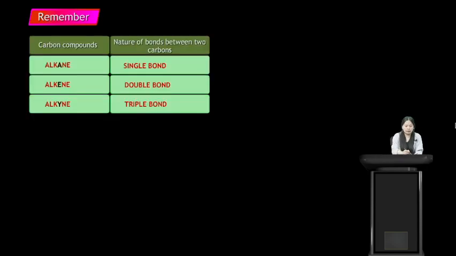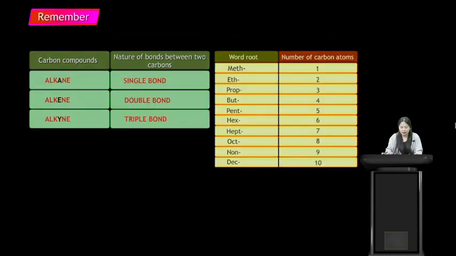Let us quickly revise this. Alkanes have a single bond between 2 carbon atoms. Alkenes have a double bond between 2 carbon atoms, and alkynes have a triple bond between 2 carbon atoms. Word root, or number of carbon atoms: if the number of carbon atoms in the carbon compound is 1, the prefix meth will be used.